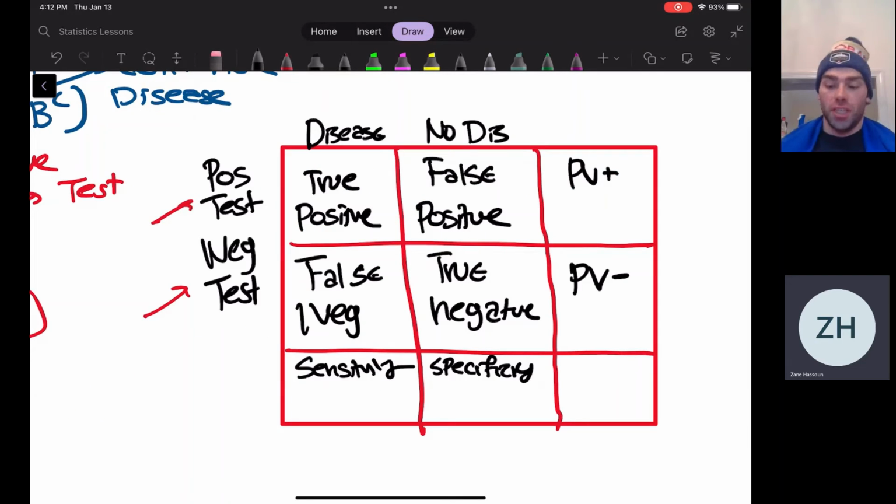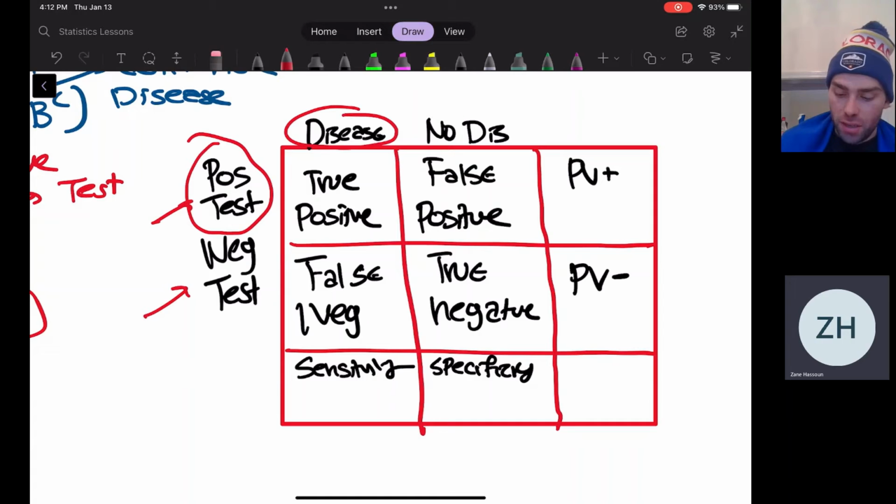So this matrix gives us an idea of what we're trying to solve with these values: PV negative, PV positive, sensitivity, and specificity. So here, the matrix will show there's a positive test and they do have the disease. So we have a true positive. And conversely, we have a positive test but no disease, that's a false positive, and so on and so forth.